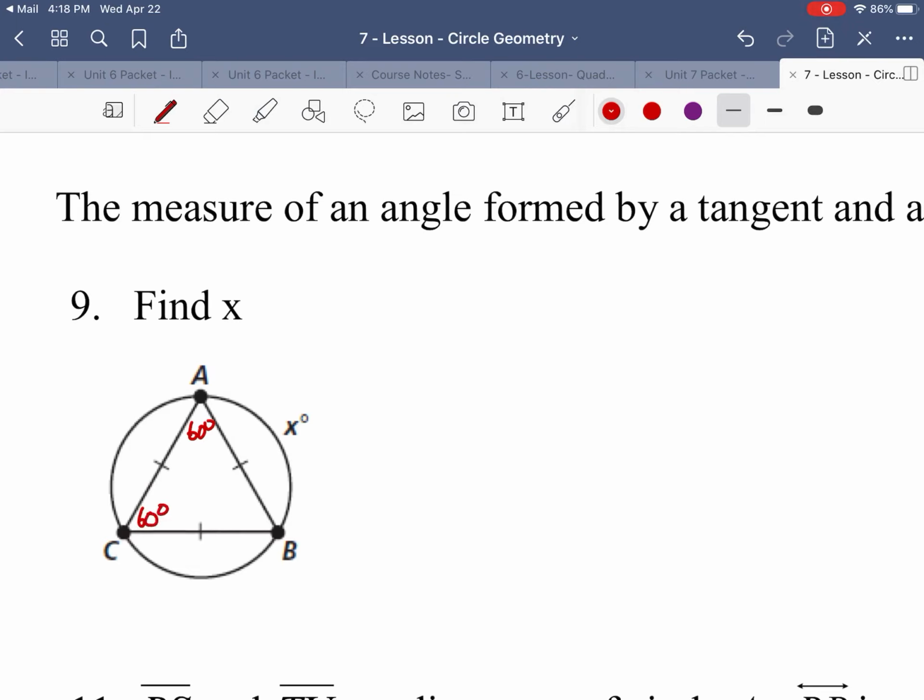Let me thin this out a little bit. If it's equilateral, then each angle is going to be 60 degrees.